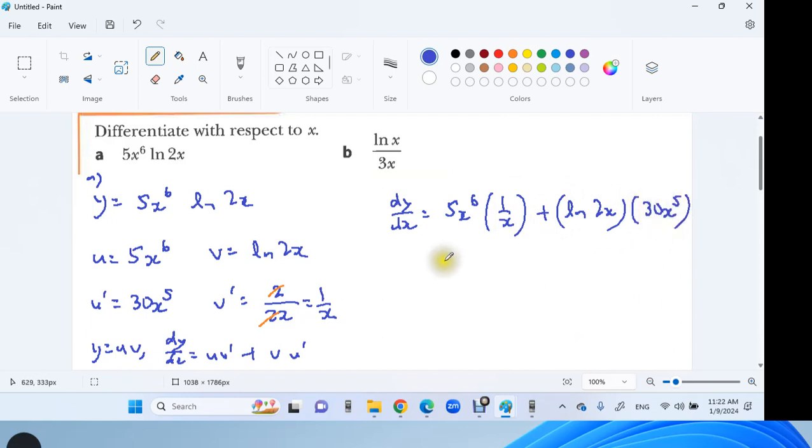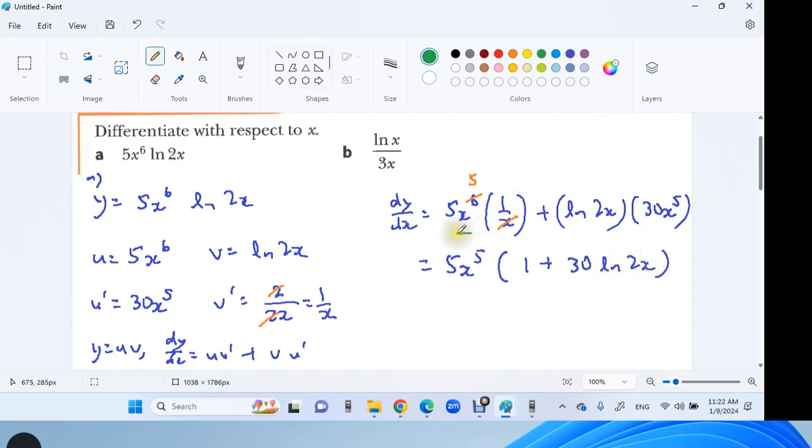Then this one will become 5x to the power 5, because the x and x here can be cancelled. So 5x to the power 5, 1 plus 6 ln 2x.